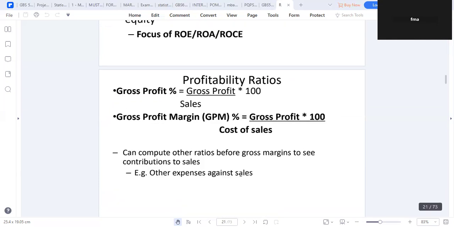All right, so we'll go to profitability ratios. Any questions so far?